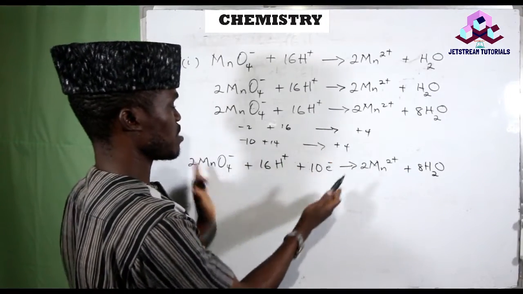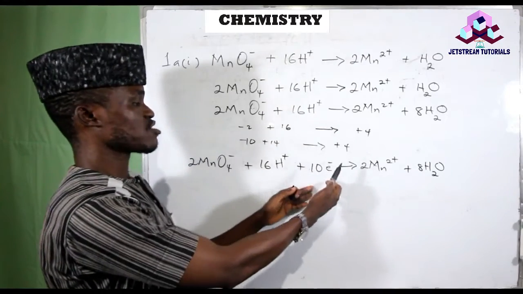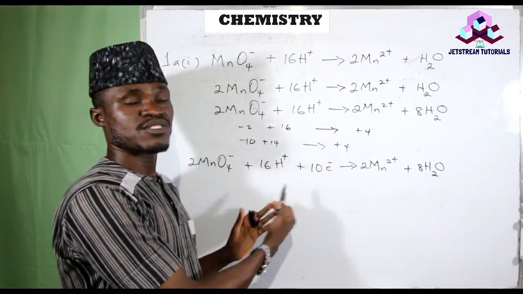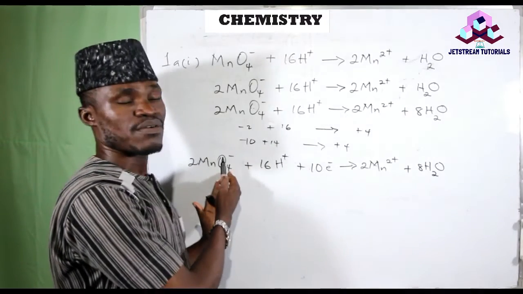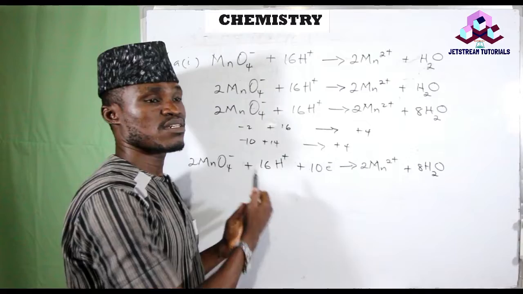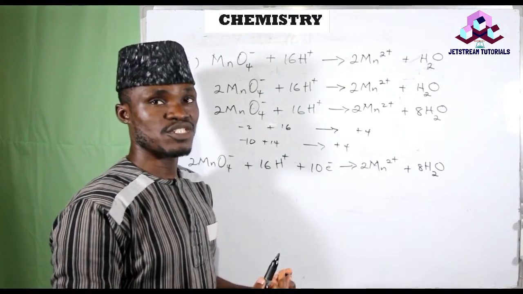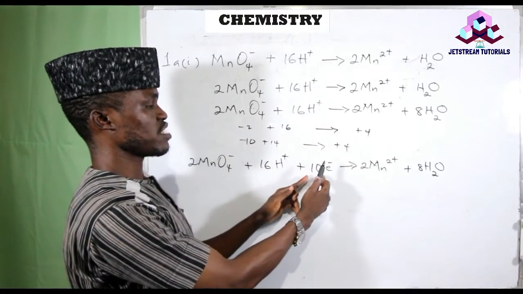The reason why we are adding the electron here is because the electron has to be gained, which is a reduction reaction. Gaining of electron is done by this side of our redox reaction, because gaining of electron simply refers to the reduction process. Are we together? So that is why we add 10 here.